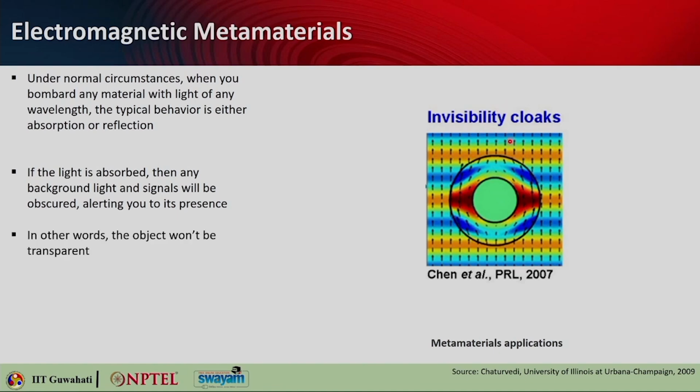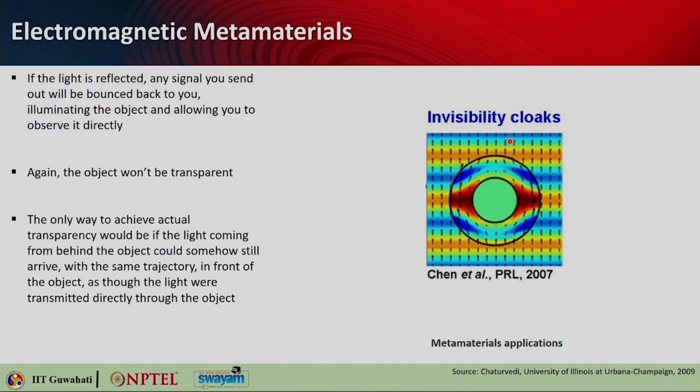In that case the object is not transparent, so it is getting detected. Now if the light is getting reflected from the object, then also you do not get anything here. That means the object is getting illuminated and you are able to see the object directly. So again the object is not transparent to the waves.